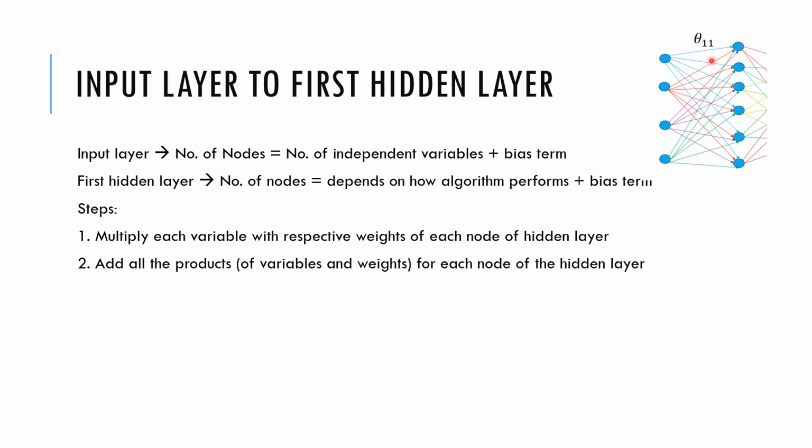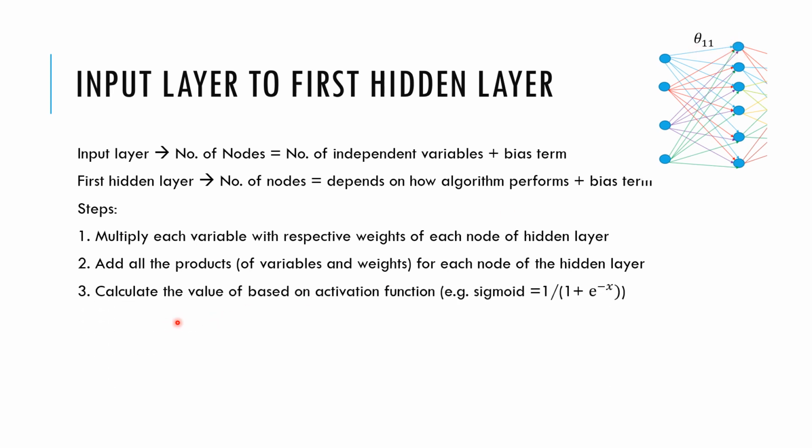So for one node we will have this value into its coefficient plus this value into its respective coefficient, and so on, and then that linear equation will be supplied to this node. Then we calculate the value based on the activation function.